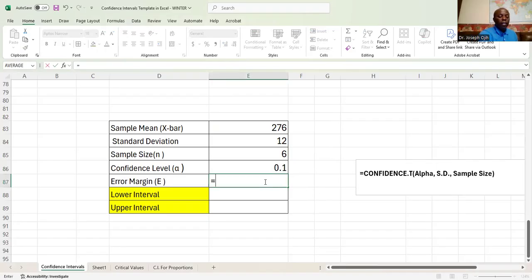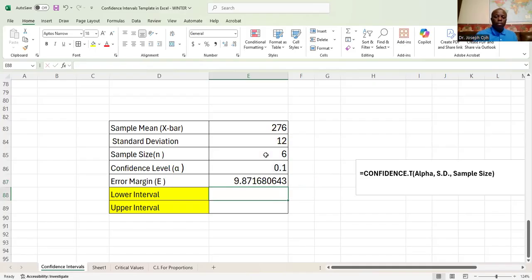Equals confidence dot T, opening parenthesis, alpha, comma, standard deviation, which is 12, comma, the sample size is 6, and close the parenthesis. Once you press the enter key, it gives you the error margin.